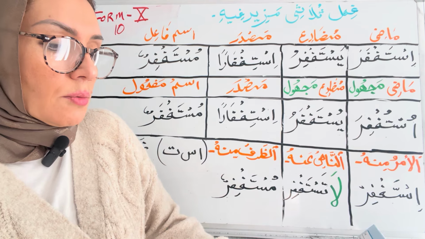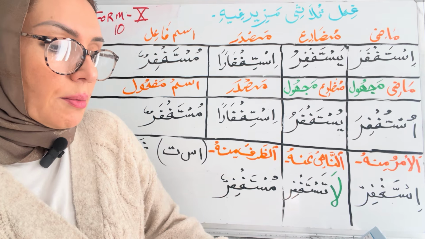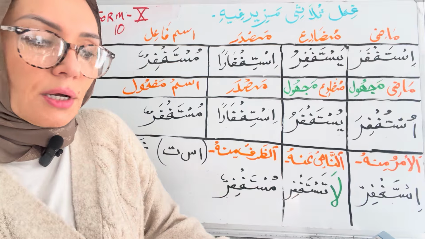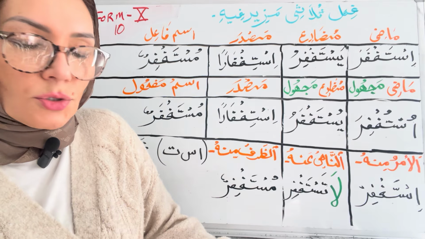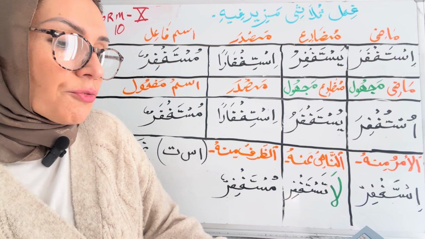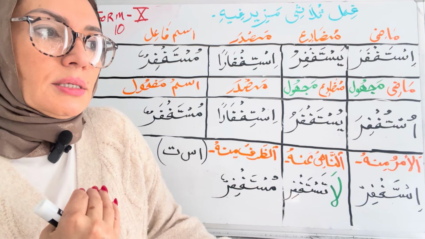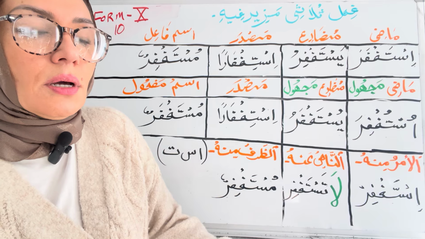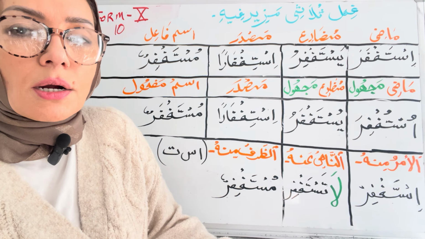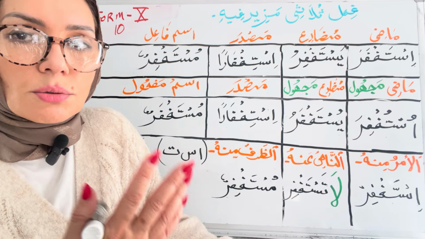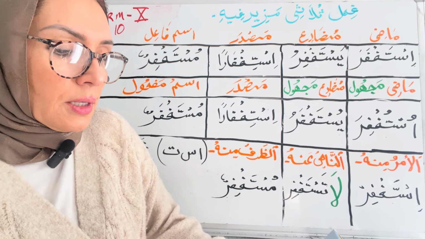Some of the most common verbs that come in form 2 are all listed here. That's what we're going to be focusing on, and the same for form 3 and so forth. But for your own studies, if you have access to any Arabic verb, you can apply it to any of these 10 forms, and everything should work this way.